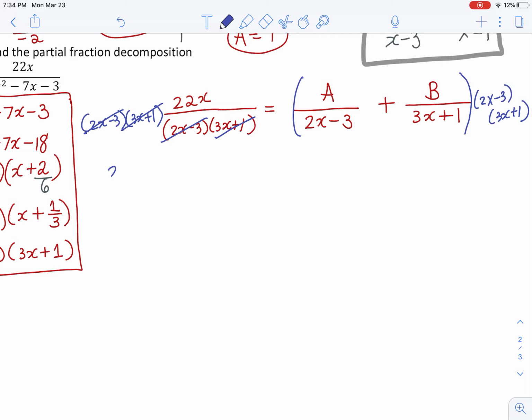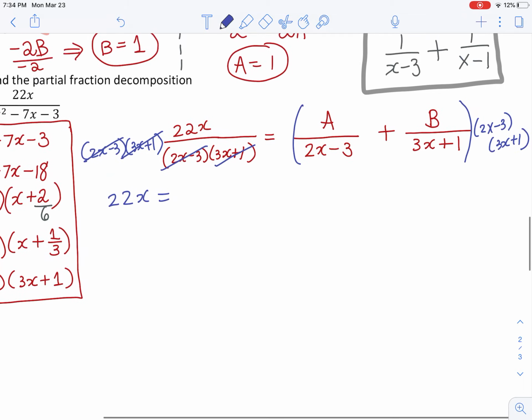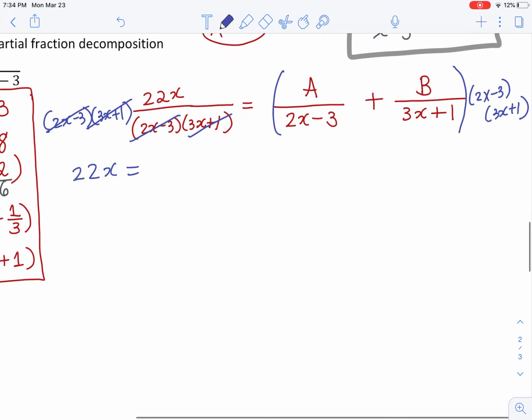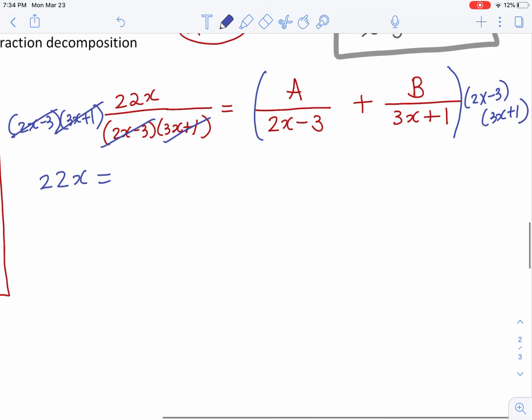Cancel, cancel, cancel, cancel. The left side, we will only have 22x. Now be careful with the right side because I didn't write everything that you needed to see very clearly.